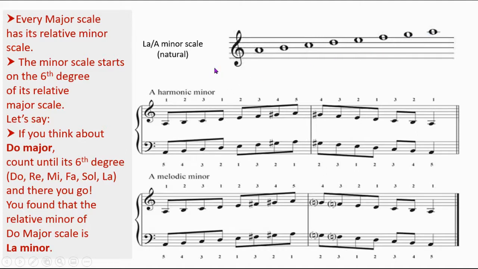Now this was a natural minor. In the harmonic minor, you raise up the 7th degree of the scale. I'm going to play this for you. This is a harmonic minor.